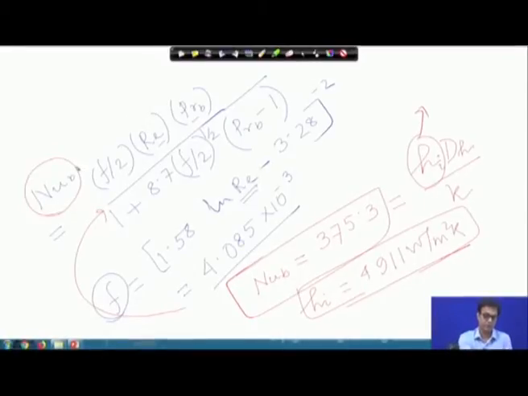We can again use this correlation, but depending on whether we are calculating the friction factor or the Nusselt number or the heat transfer, we have to use either hydraulic diameter or the equivalent diameter. So, let us first try to find out the fluid properties.